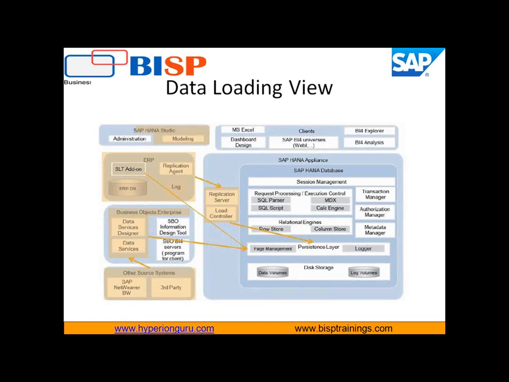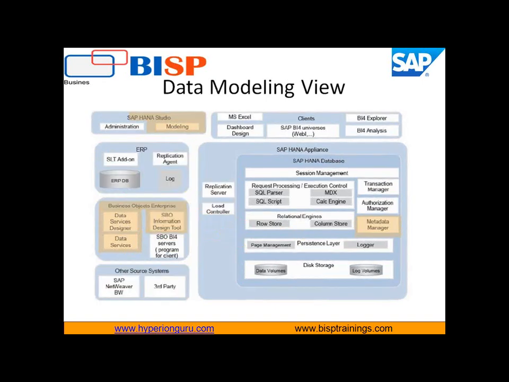Whatever replication has been done with the help of the load controller, the data will be passed on to the persistence layer at the page management. A logger will be invoked and the data volumes will be updated, and then the request process will go to the HANA database. So the data loading view will cover all these areas.